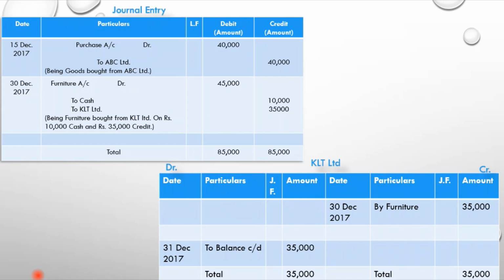That means if you have 35,000 here, you have no other transactions, and your furniture 35,000 is on the credit side, and this is more than the debit side, so your balance is a credit balance. So your balance will be known as credit balance. If your debit balance is more than the credit balance, then the excess balance will be considered as debit balance. So these are the concepts I have described here.